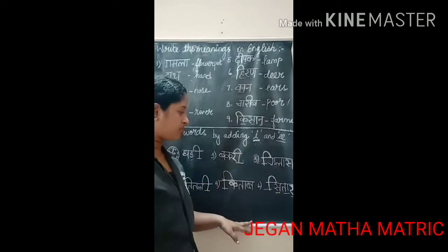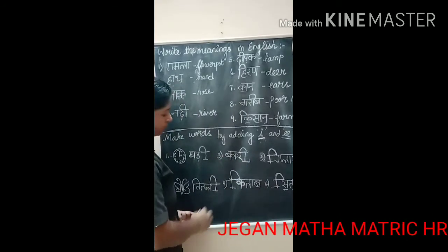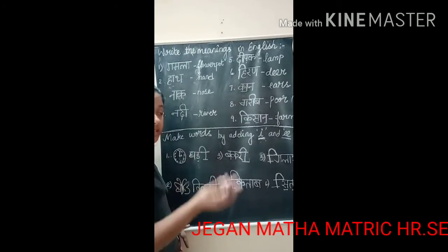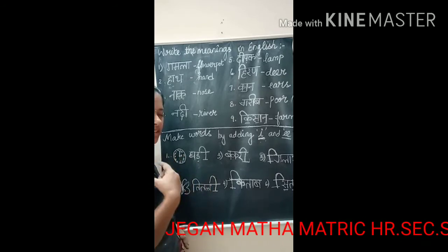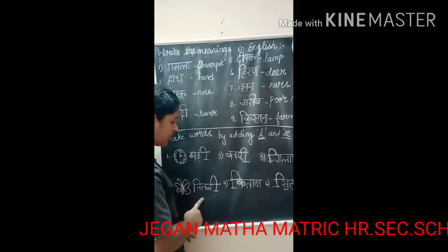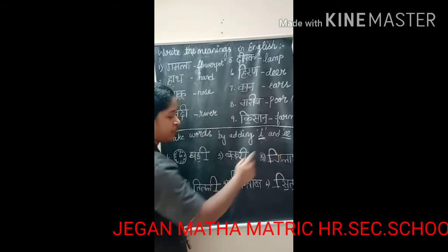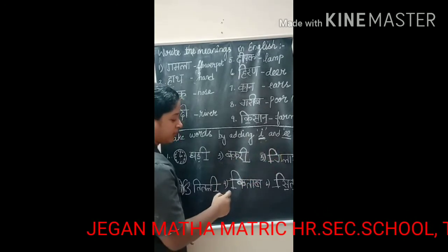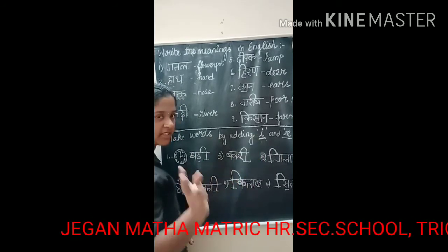I will just explain once more. For the first word, ghadi, we stretch the last sound, isn't it? The sound of E is coming, so I will use the symbol of E here. Similarly for titali, I will use the symbol of E. Then for bakari, the symbol of E. Then for kitab, the symbol of E, because I am not stretching anywhere.